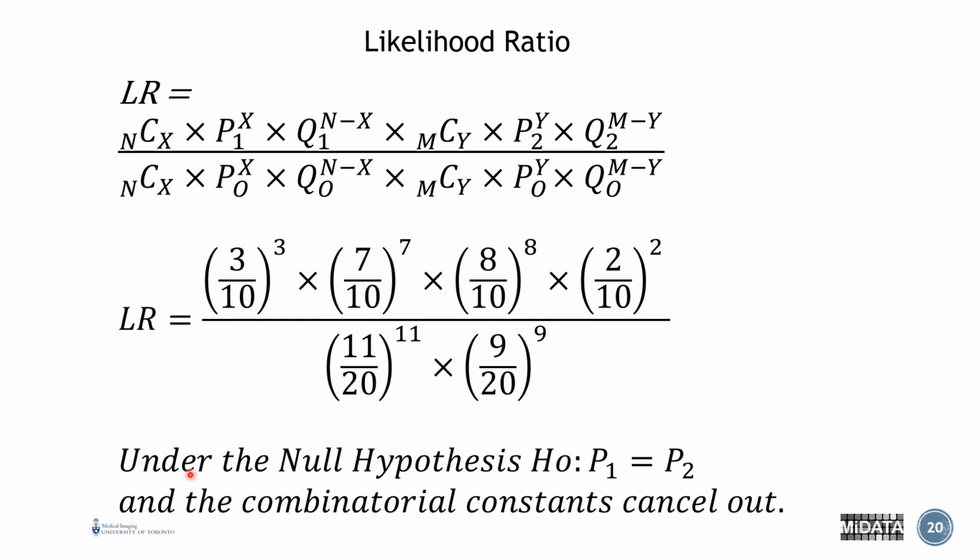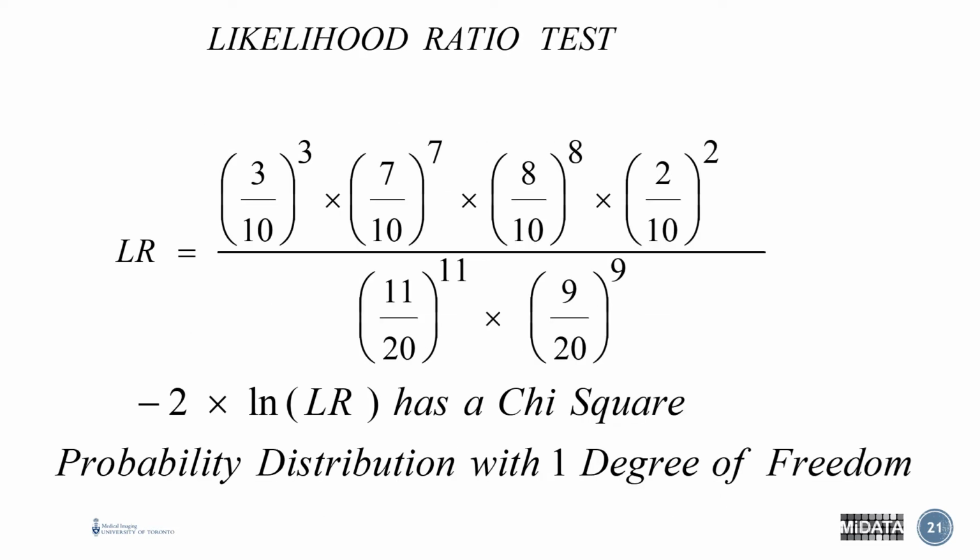Now here, what we're saying is under the null hypothesis, as we've stated, the probability P1 equals the probability P2. Because of this, the combinatorial constants cancel out in this equation, and it leaves you with this simpler likelihood ratio equation. So how do we get to a test of significance?